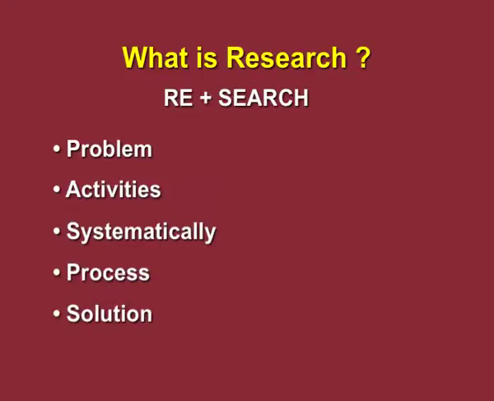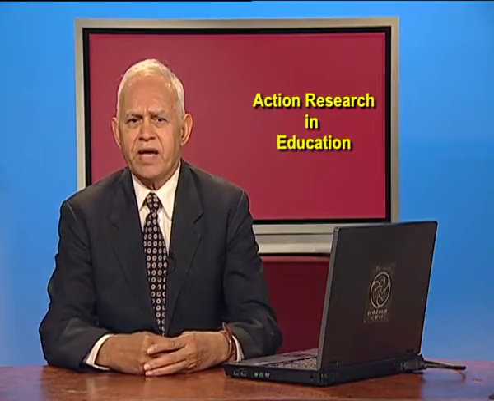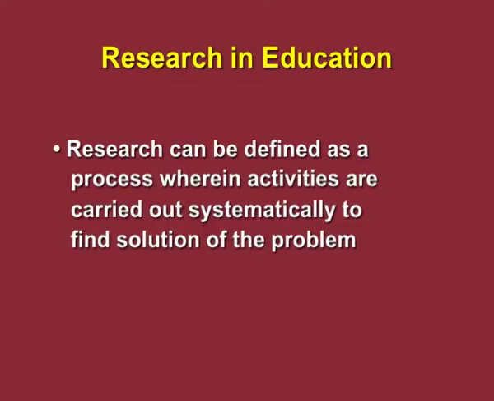So, these five words are important in order to understand research. Research can be defined as a process wherein activities are carried out systematically to find solution of the problem.